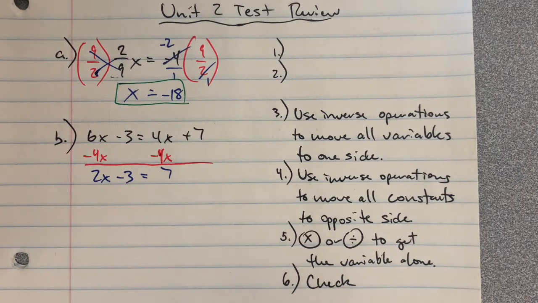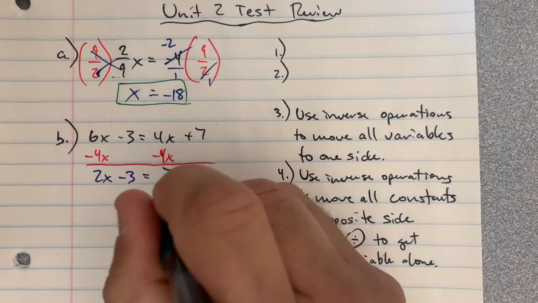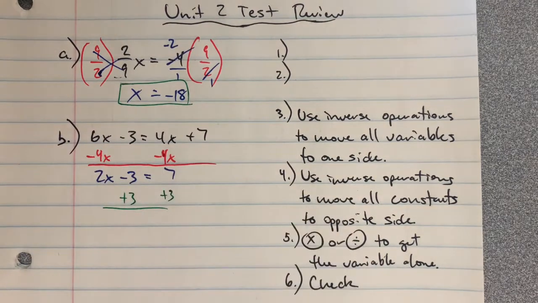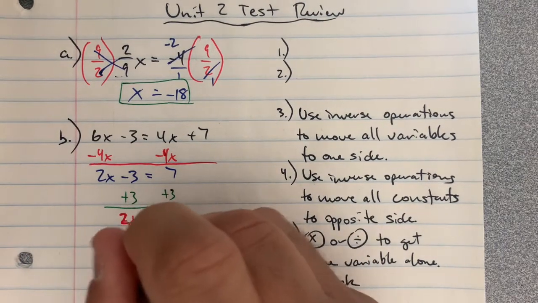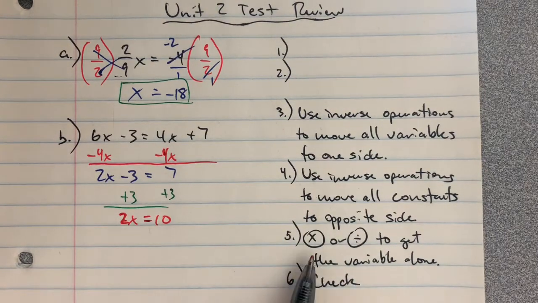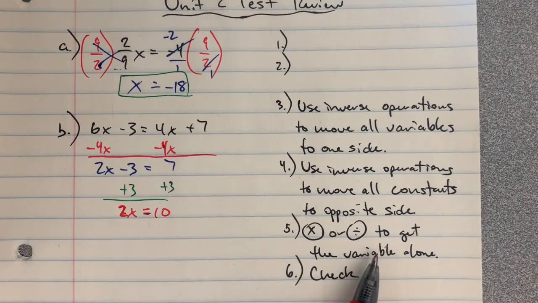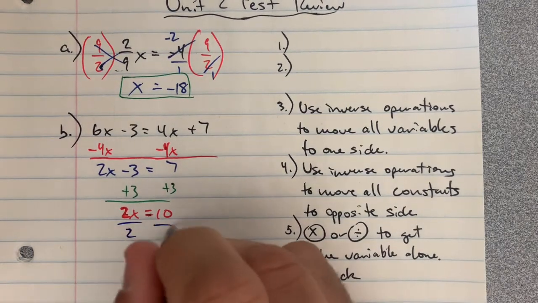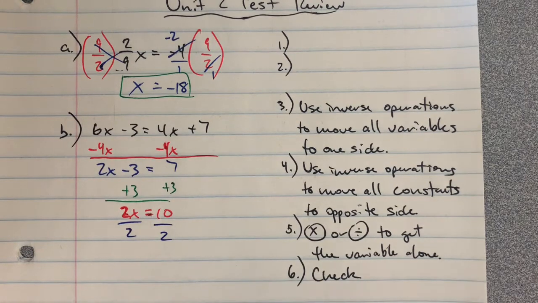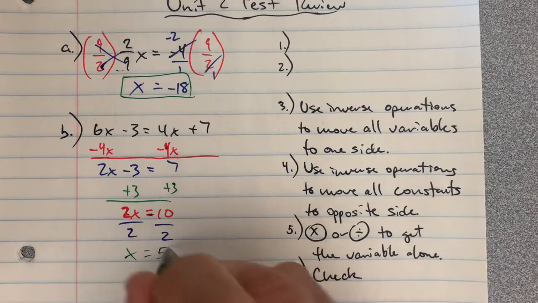I need to get them to the same side, so I'm going to add 3 to both sides. And by adding 3 to both sides, I'm now left with 2x equals 10. And that leads us into step 5, multiply or divide to get the variable alone. It's 2 times x, so I have to do the inverse, which is to divide by 2 on both sides. And that leaves us with x equals 5.